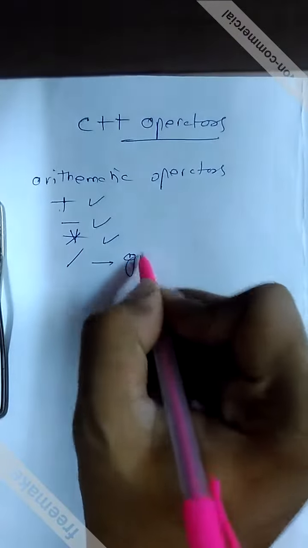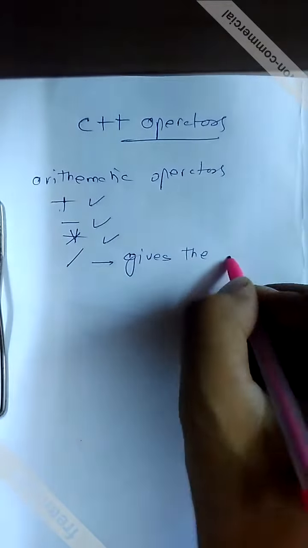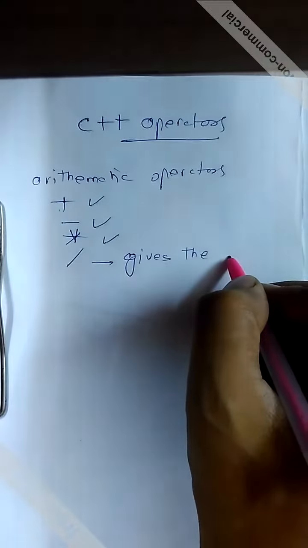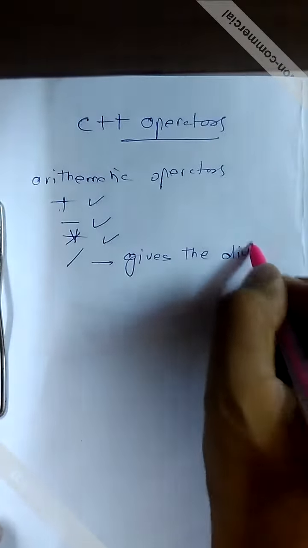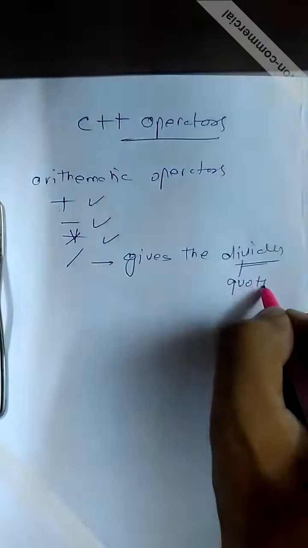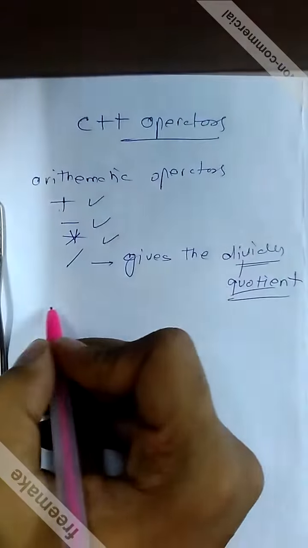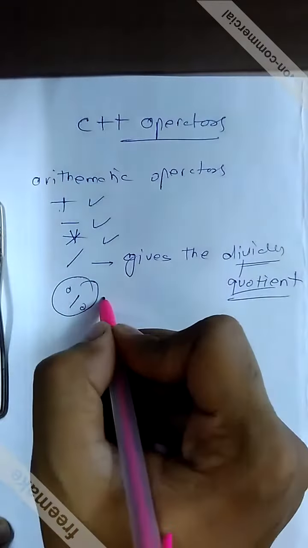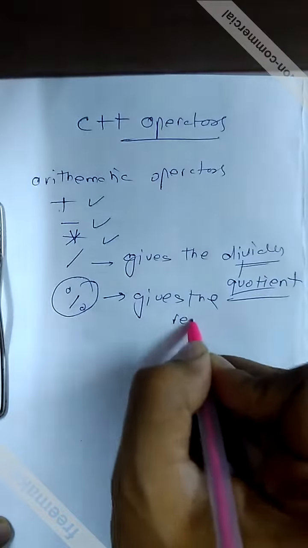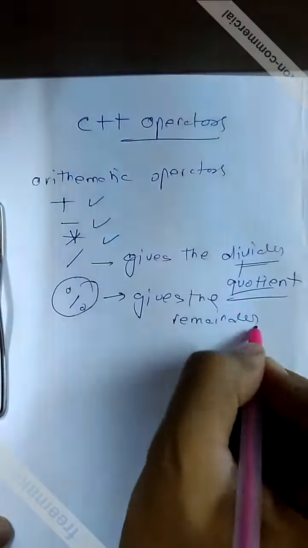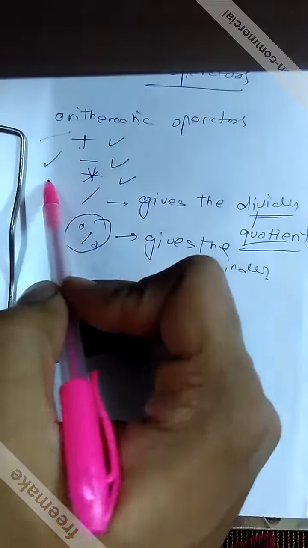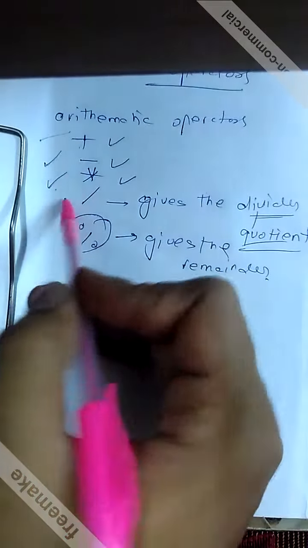Division gives the quotient. And we have the percent operator, which gives the remainder. You know how plus works, what minus is, what multiplication is.